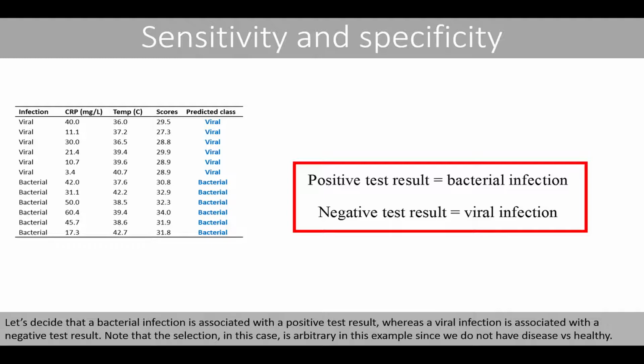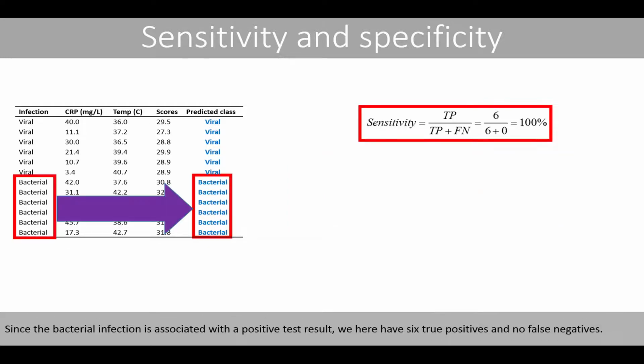Note that the selection in this case is arbitrary in this example, since we do not have disease versus healthy. Since the bacterial infection is associated with a positive test result, we here have 6 true positives and no false negatives.